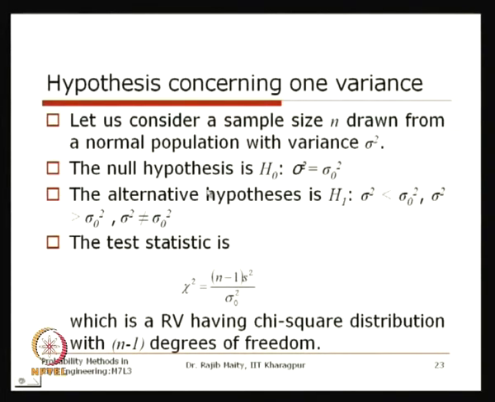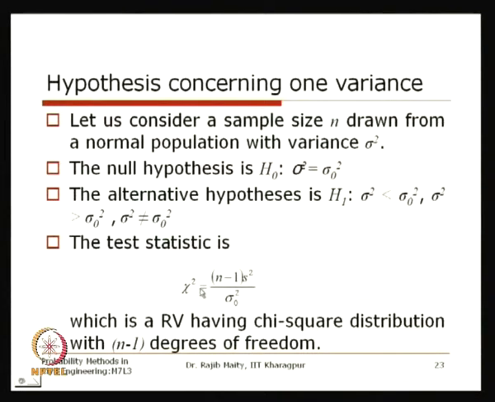Depending on this, the alternative hypothesis will also change. This is basically for the alternative hypothesis when it is not equal. In our last lecture, when we were doing the sampling distribution, we also saw that n minus 1, where n is the sample size, times the sample variance divided by sigma naught square, this ratio, follows a chi-square distribution.